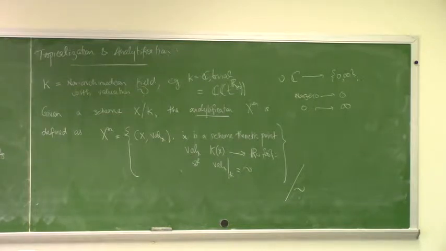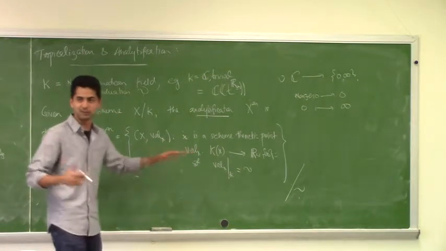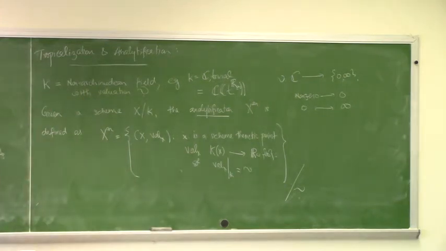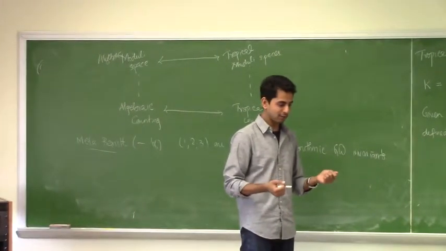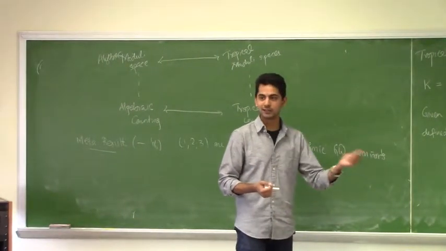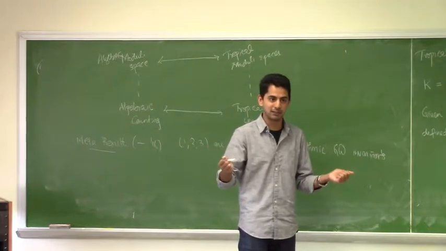Okay, so what's the equivalence relation? It's the same thing you're used to. What's the equivalence relation for points in A1 over C, or A1? If I think of A1, the number 3 thought of as a real number and 3 thought of as a complex number are supposed to be the same point.